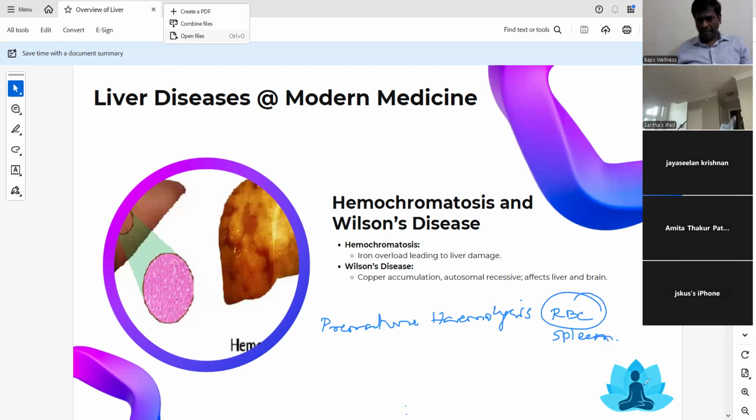So, when splenomegaly, an enlarged spleen, is there, the destruction will be more.